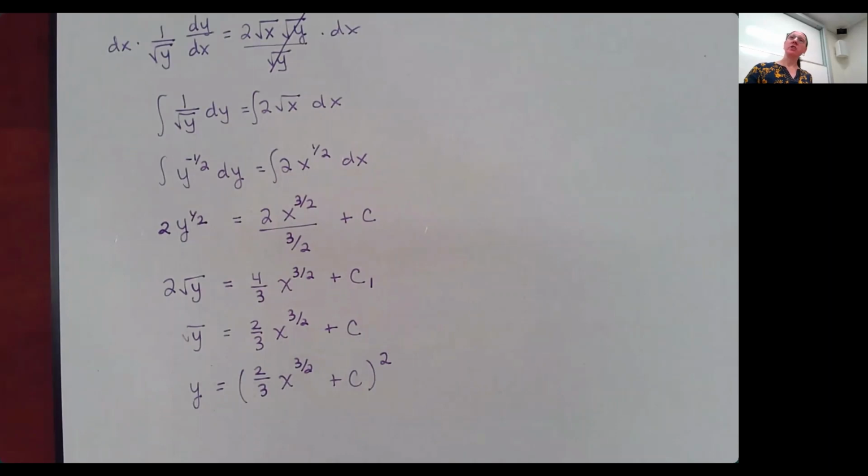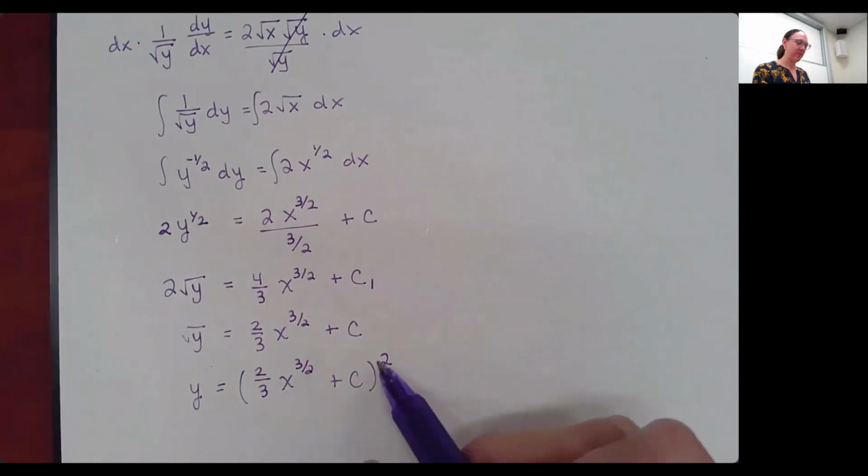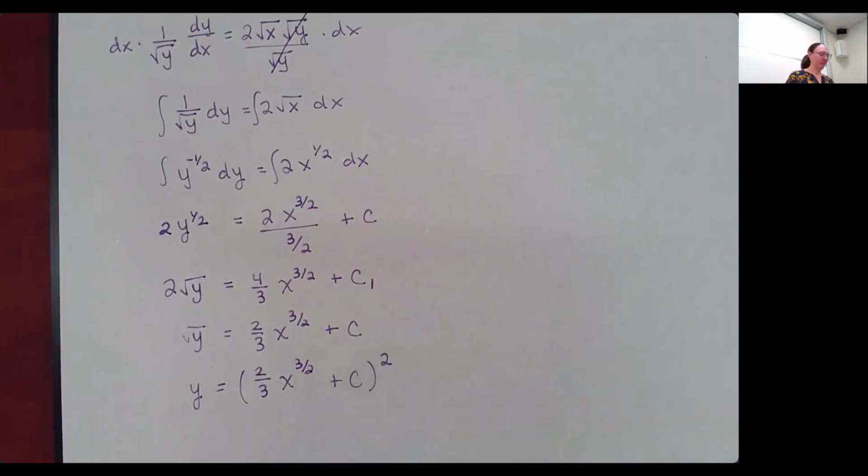Now, if this were an initial value problem, we could solve for c first. And if c happened to be 0, then I wouldn't have to worry about that, right? But if c is anything other than 0, I have to do the addition first and square that on the outside.